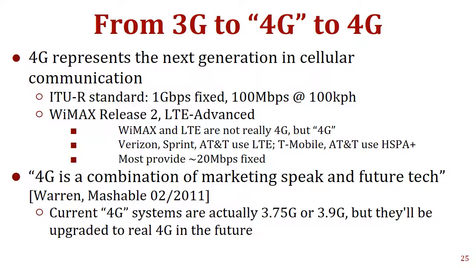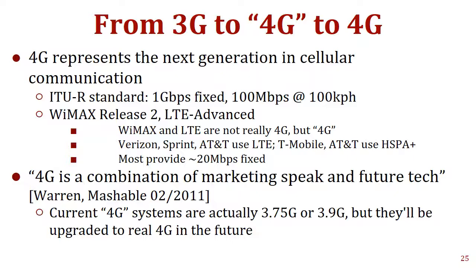Now let's think about when we come from 3G to the so-called 4G and also to the real 4G. 4G now represents the next generation in cellular communication, and the best thing for 4G is really the fast speed. WiMAX and LTE are released and they are competing with each other, but they are not really 4G, but so-called 4G.